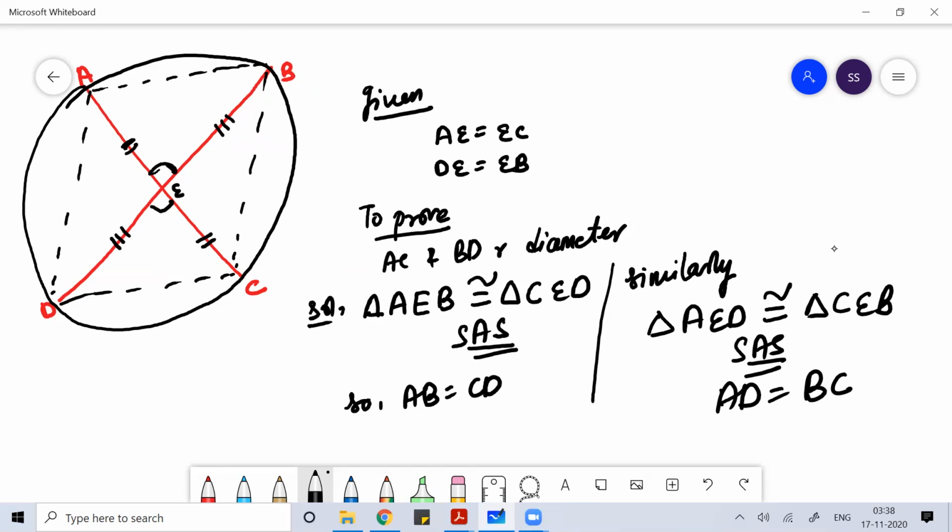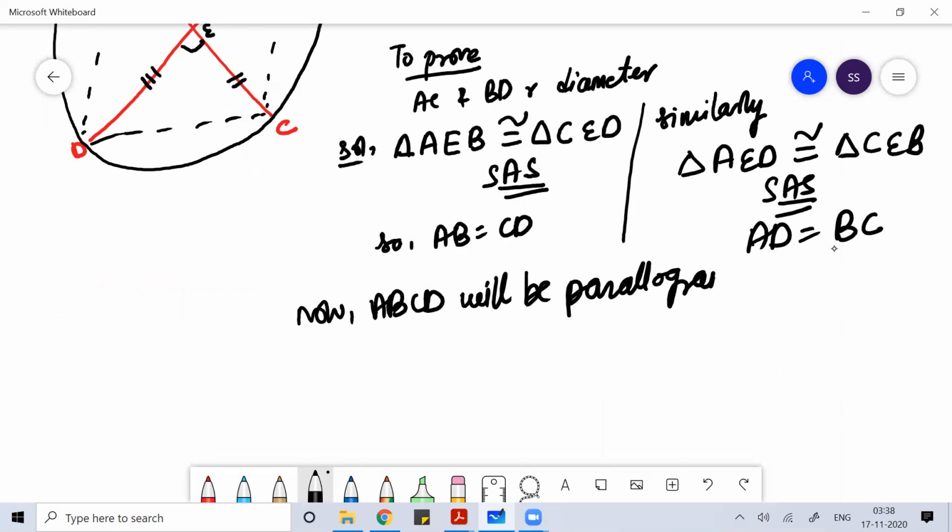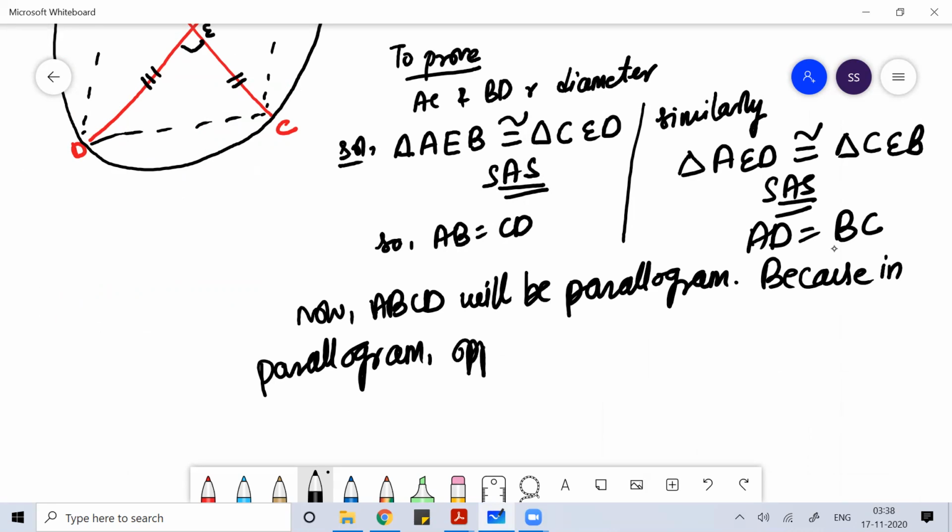They bisect each other, no? So it is a property of a parallelogram. Now ABCD will be a parallelogram, because in a parallelogram the opposite sides are equal.